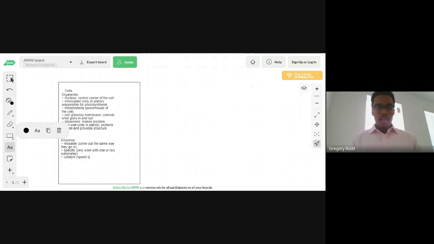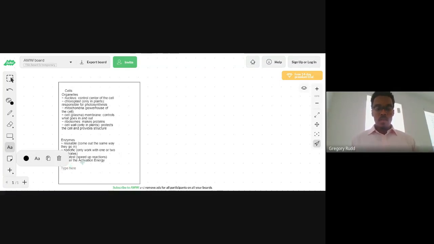Catalysts, speed up reactions. Lower the activation energy. All right, so again, this is basically just something that you can use to organize your thoughts.